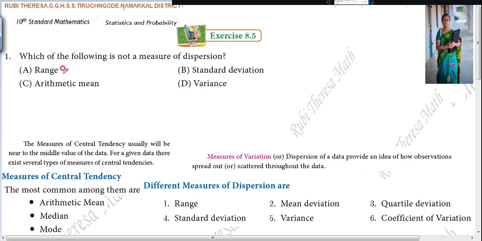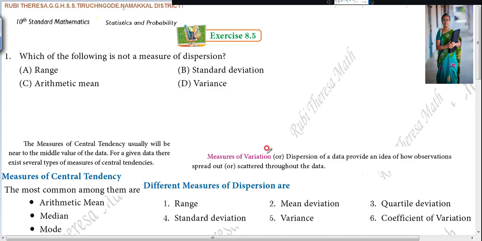Range belongs to different measures of dispersion. First you should know what is meant by measures of dispersion.